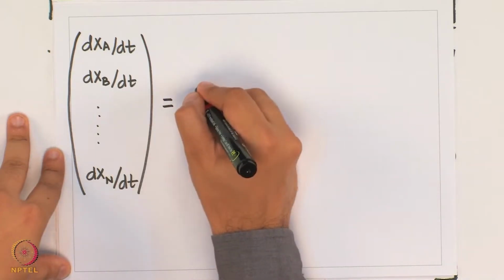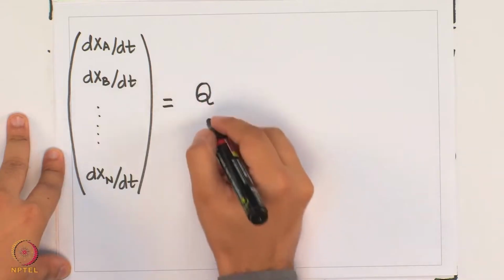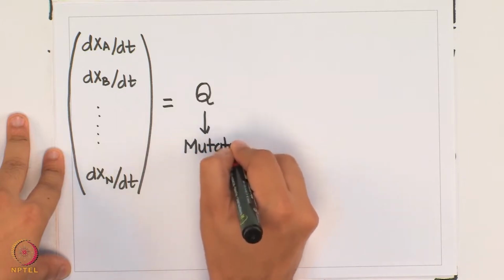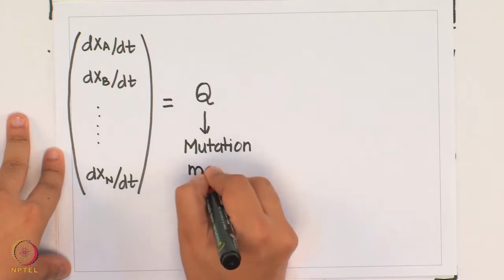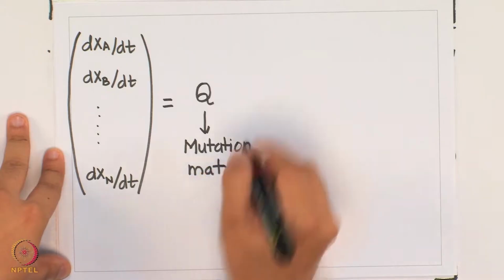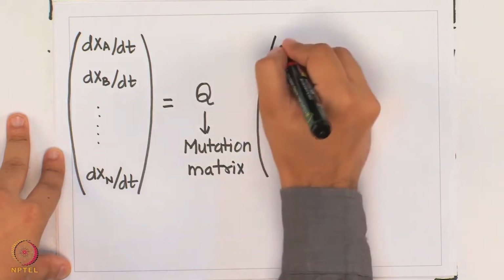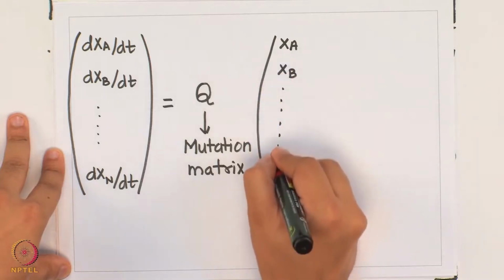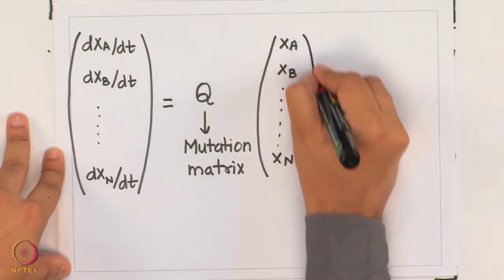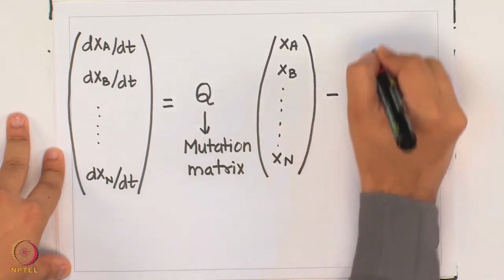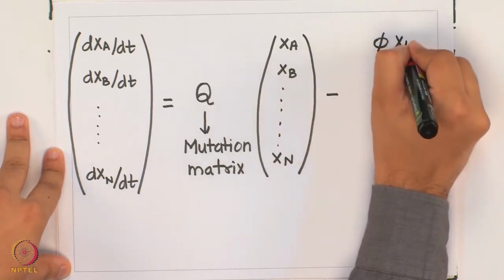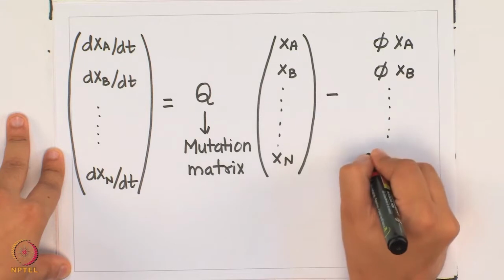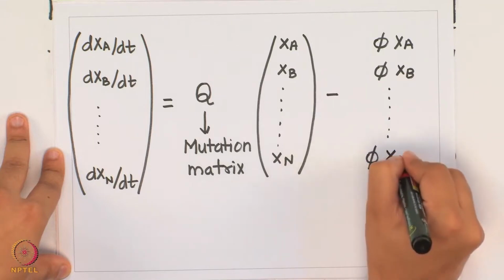This is equal to Q, which is my mutation matrix, times the vector XA, XB going all the way up to XN, minus phi times XA, phi times XB and so on and so forth, going all the way up to phi times Xn.